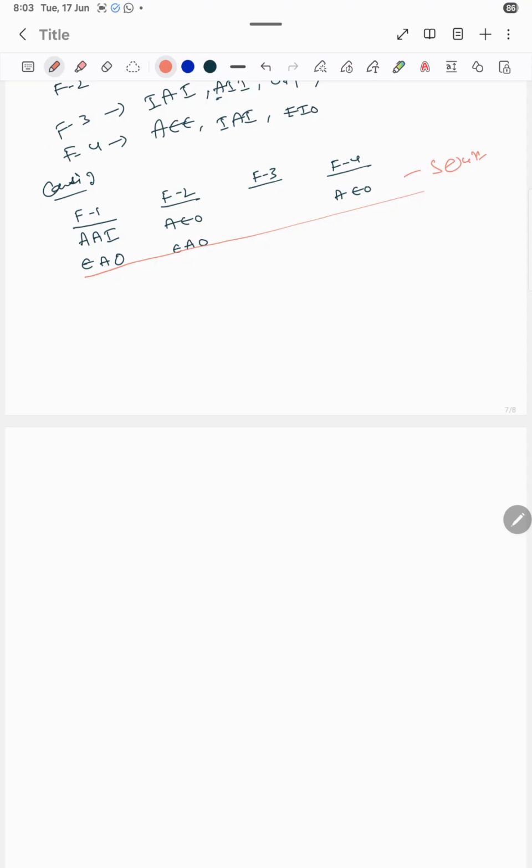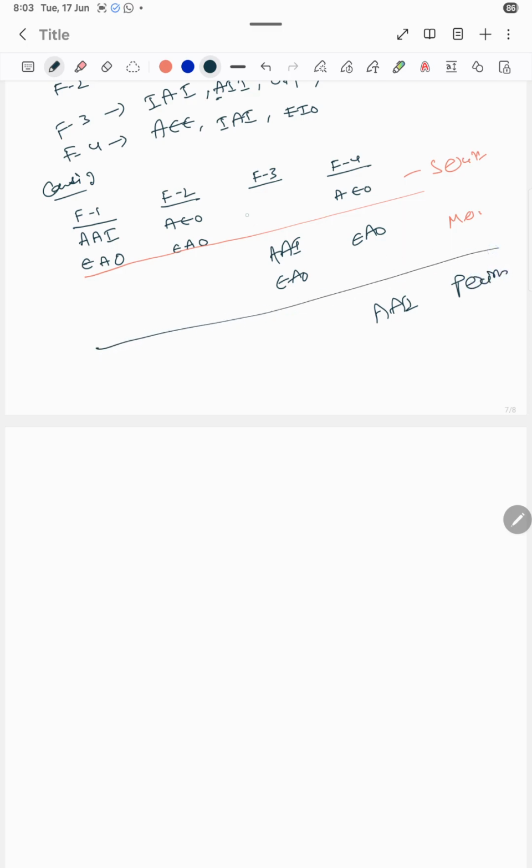Now if we come to where the middle term exists, we will have only AAI conditionally valid, and EAO. In this case the middle term exists, and in the last case AAI is where the predicate exists.